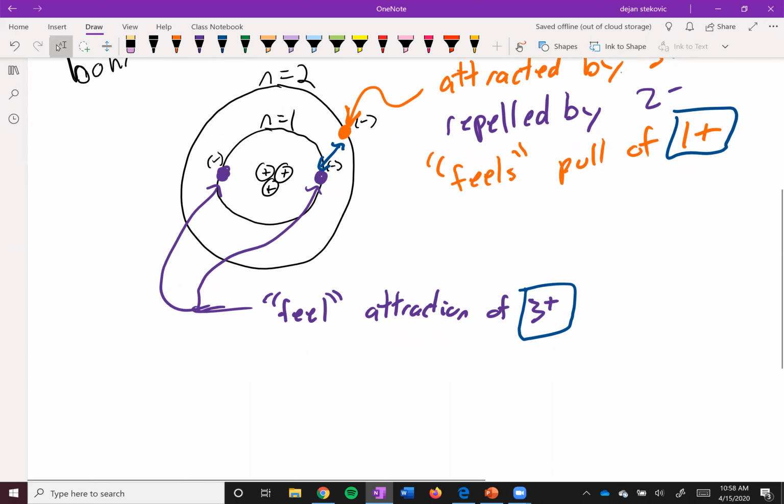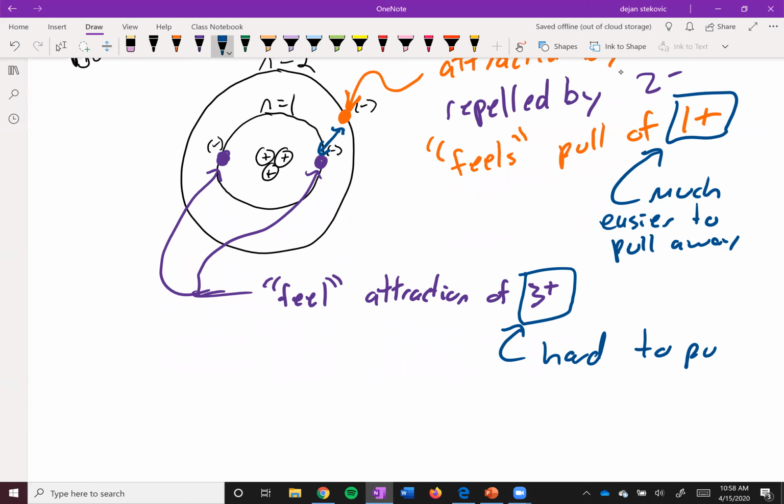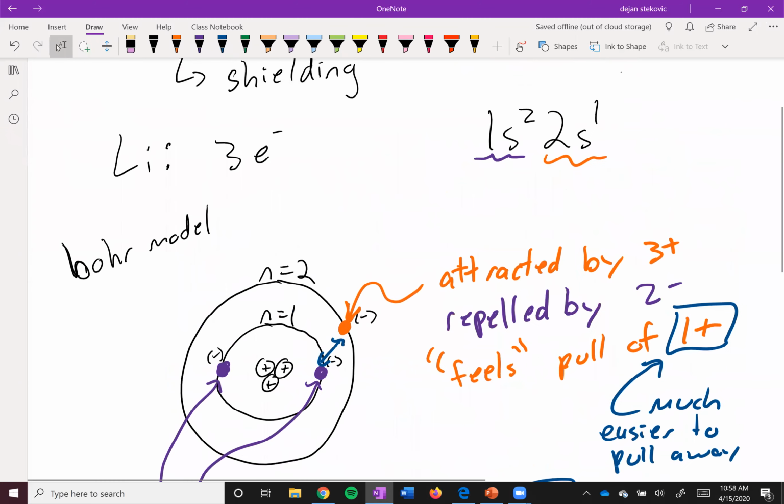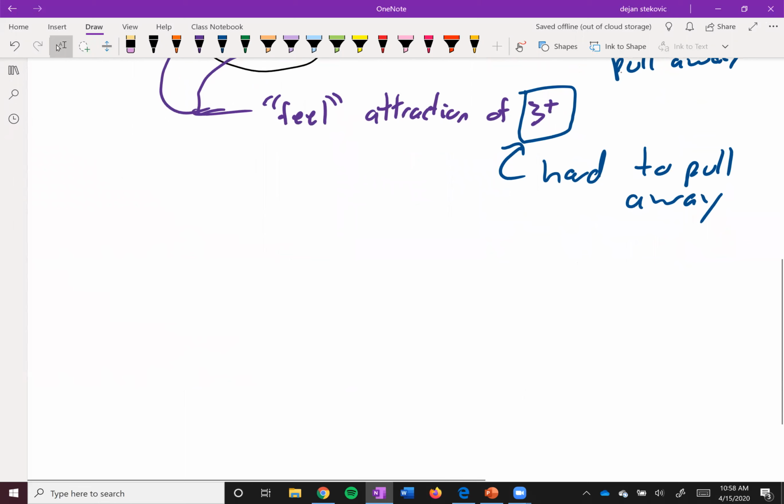And the answer is the one that's being pulled by 1 plus, right? So this is much easier to pull away, while this one over here feels the full 3 plus, and so this is hard to pull away. And so that's what shielding is all about. And that's why valence electrons are more reactive.